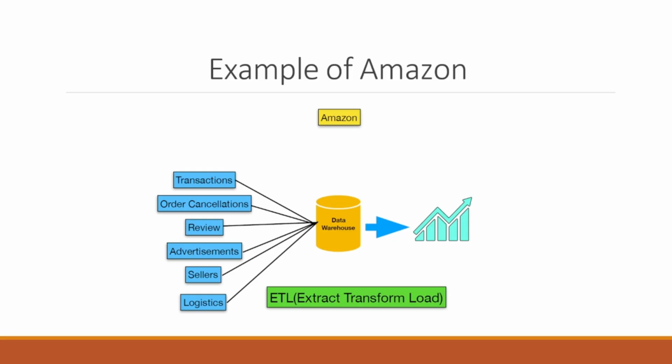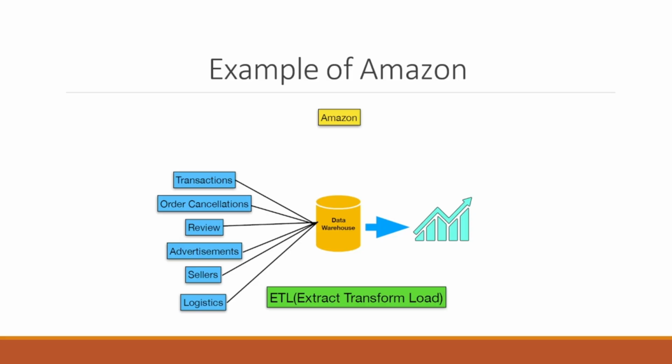Data is cleaned, structured and standardized in transform. So if you are using transform in your Power BI, in your Tableau, in your Excel, that means you have to clean your data, structure your data and standardize your data. Third we have load. Load means data is stored in the data warehouse. The cleaned data is loaded again into the data warehouse.